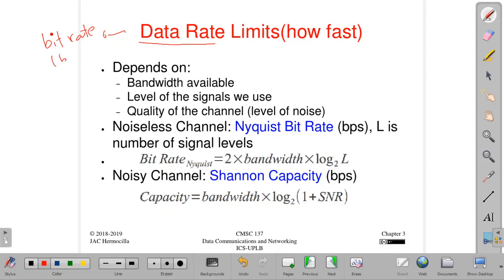So it's bps. Now the data rate depends on the available bandwidth, and also on the level of the signals we use and the quality of the channel. So these are the considerations when we are talking about the data rate.